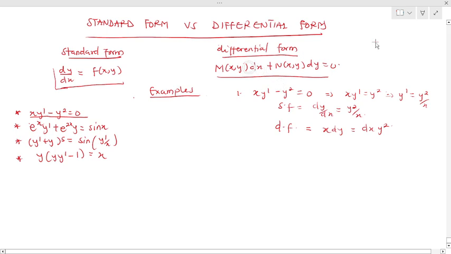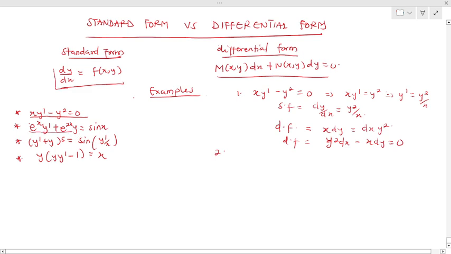So as you see from the standard form, everything should be on the left and equal to 0. So I simply send the x component there. Let me make it y squared dx minus x dy should be equal to 0. As simple as that.